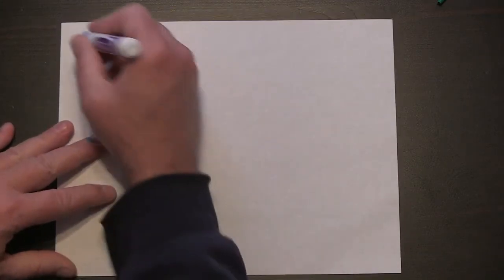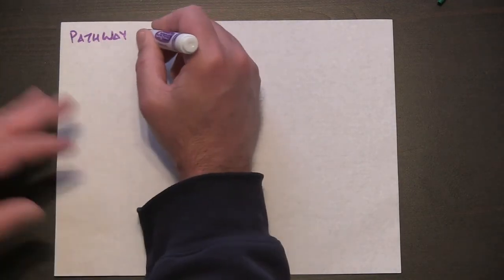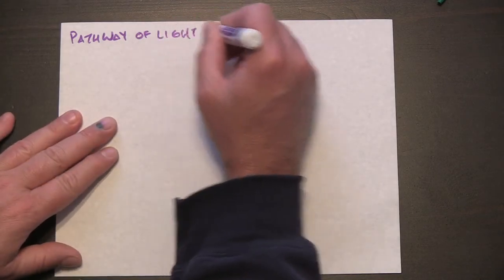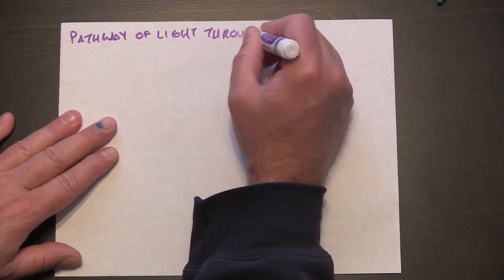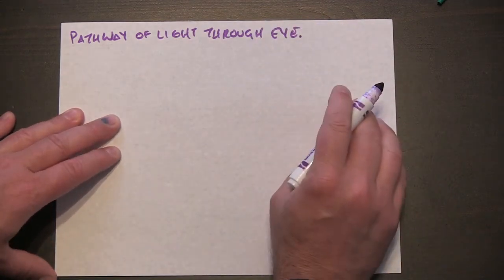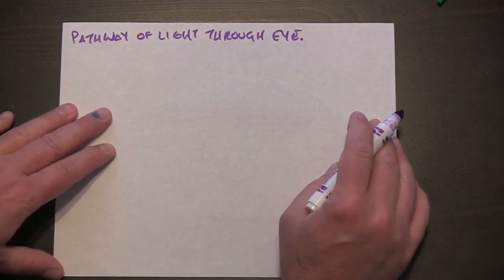So the pathway of light traveling through the eye. You should actually stop the video now and quiz yourself and then turn it back on and see if you got it right.